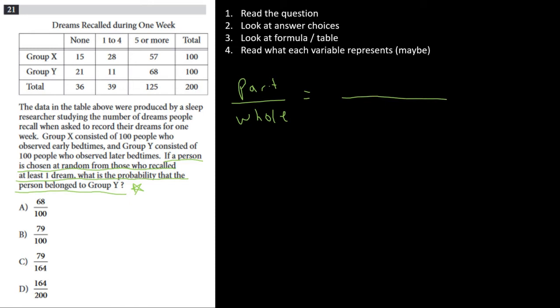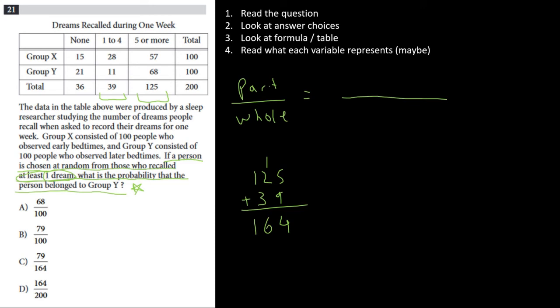Let's figure out the whole first. Well, what's the other keyword? The other keyword is "who recalled at least one dream." At least. Okay? So I know this group recalled at least one dream, and I know this group recalled at least one dream. So you just have to add them together. So it's 125 plus 39, and it'll be 164.